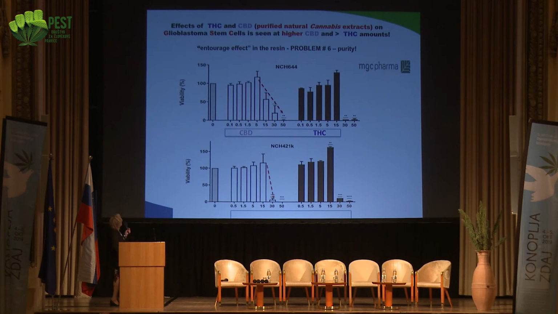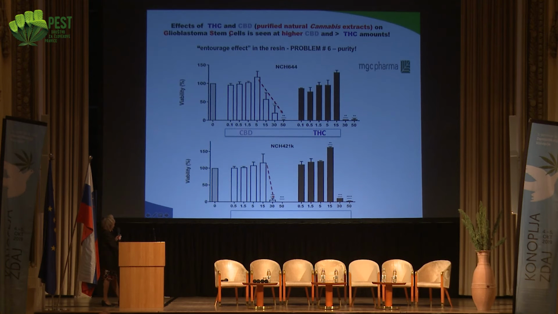And so we then tried something else, because we don't know what actually is all in this resin. We started a very fruitful collaboration with MTC Pharma, a pharmaceutical company that has its headquarters here in Ljubljana, and they are producing purified but natural, not synthetic, cannabinoids, purified THC and CBD.